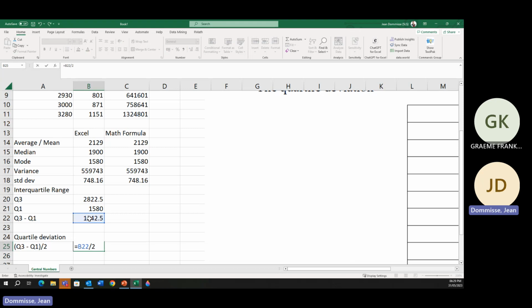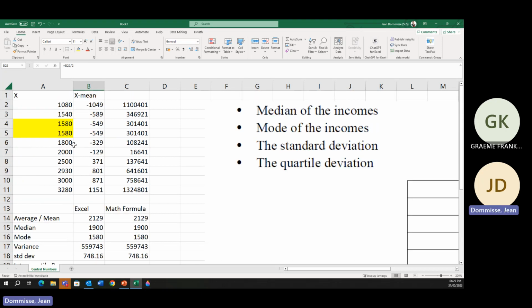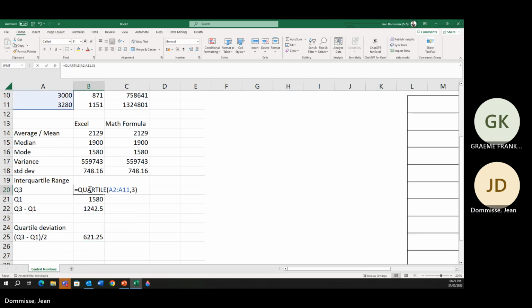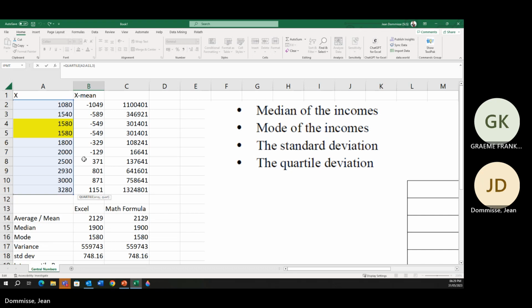So that would have been your interquartile range, or your quartile deviation. I wonder if there's actually a formula for that. No. Yeah, thought so. Okay, so that will be how you look at it from quartile. Just want to check that.